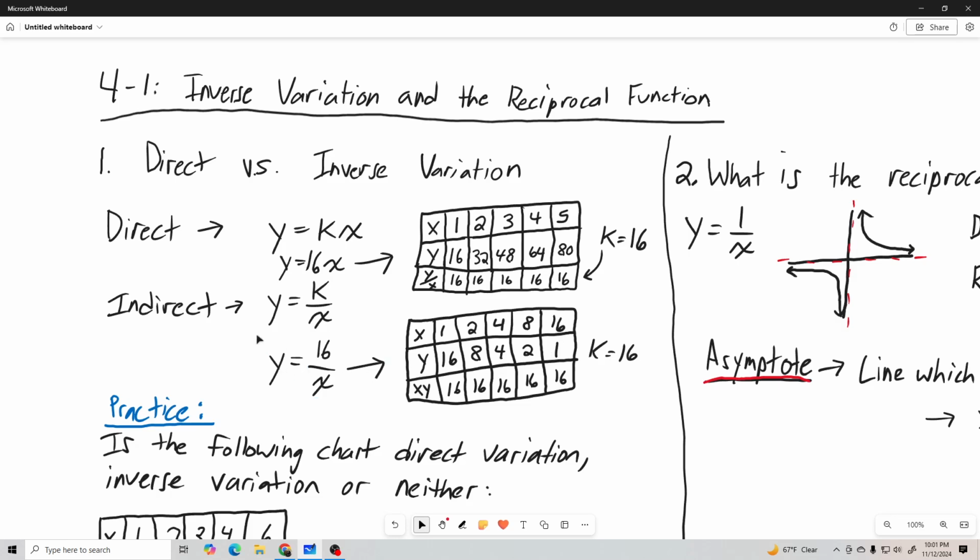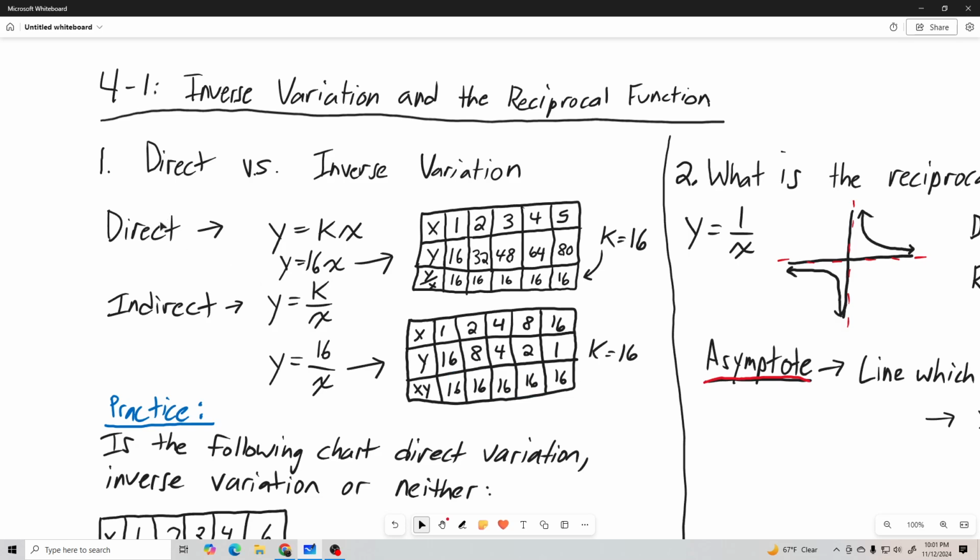So you'll notice that in inverse variation, as our x gets bigger, our y value keeps getting smaller. And it's not only that they're getting bigger and smaller, they're directly inversely proportional to each other. If we multiply the x and the y values all the way down here, the x and the y values multiply together to get our common scale factor, which is k.